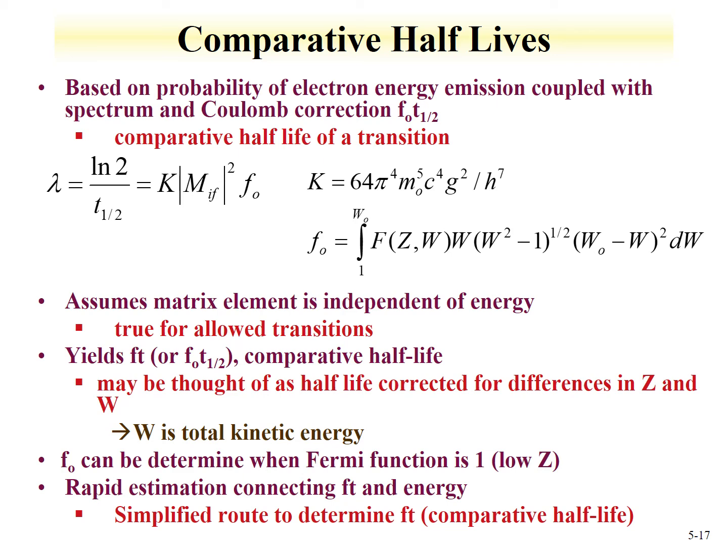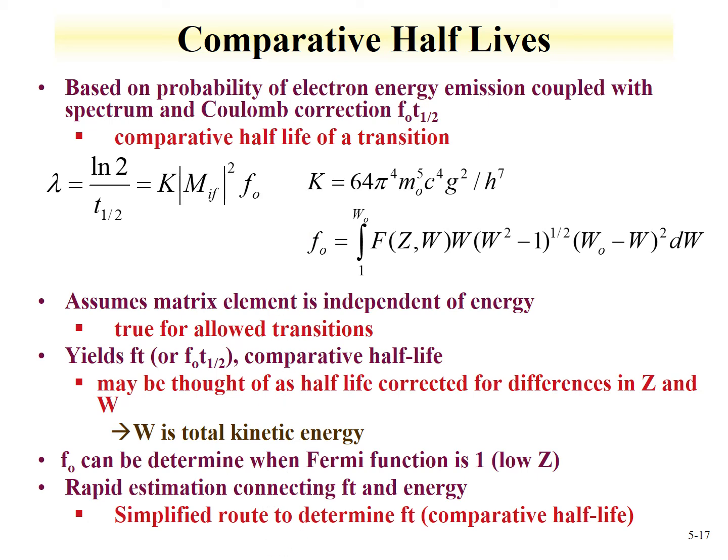Our K term is a mixture of a number of constants and a Fermi term. And this F naught is an integration of all the energy states that are possible for this decay. This assumes that the matrix element is independent of energy, because we're not changing it as this energy changes, which is true for allowed transitions, not necessarily true for forbidden transitions.